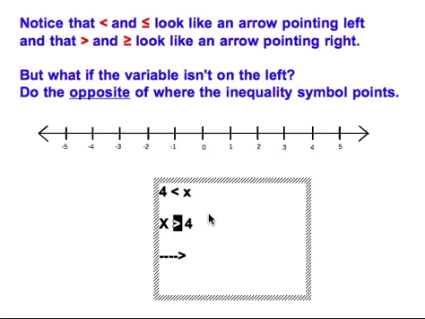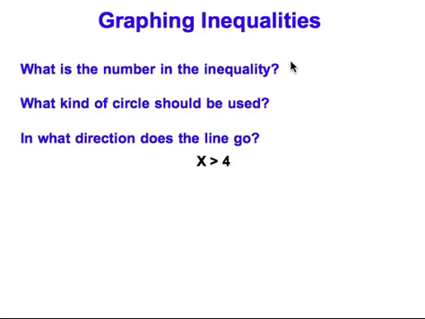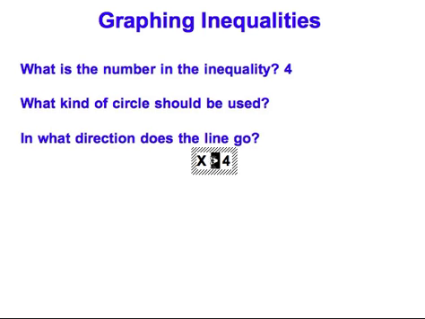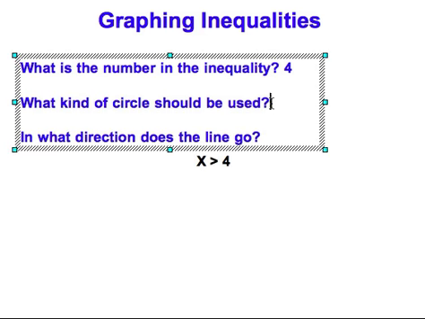So let's copy down the same example that I used in the prior slide. x is greater than 4. There's 3 questions that you should ask. What is the number in the inequality? The number is 4. What kind of circle should be used? In order to determine that, you need to figure out if it's open or closed. Well, this does not have the equal sign under it, so therefore, without the equal sign, I have to use an open circle.